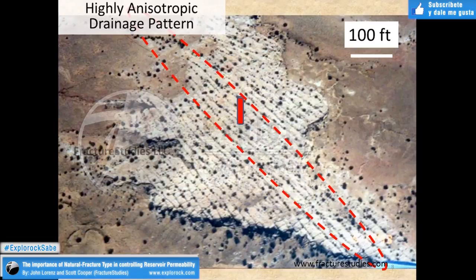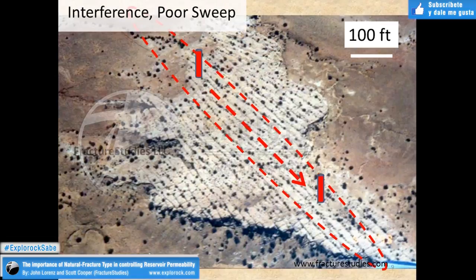It will be parallel to the natural fractures. In some reservoirs, it's actually been documented up to a 1,000 to 1 anisotropic ratio. So they have a significant influence on the reservoir here, these extension fractures.